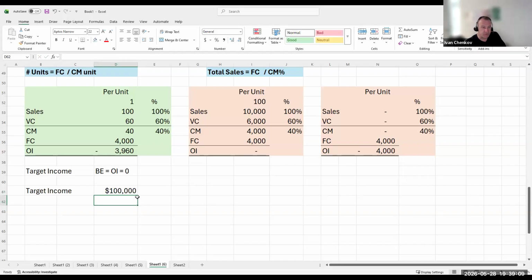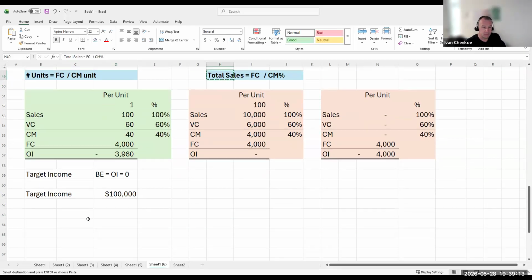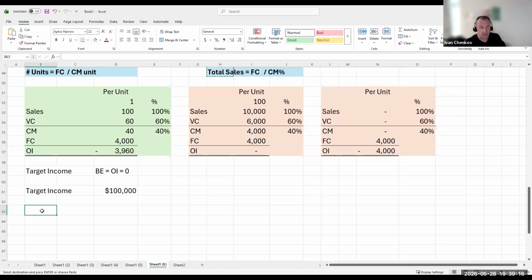Okay, so what do we have to do? Get this formula, total sales, and see what we know, what we don't know. Now, in this formula, in order to get the target income, don't forget, in this scenario, operating income is 0.